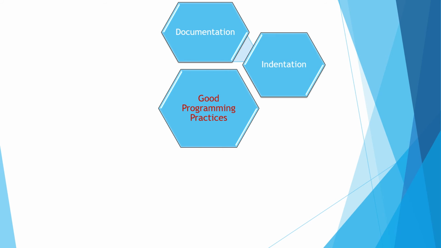Now, the second practice is indentation. It is very important. It is nothing but a good programming style which conveys the structure within a program. It actually helps in clarifying and separating the various programming constructs such as loops and decision-making statements.